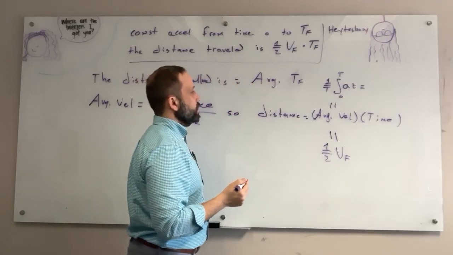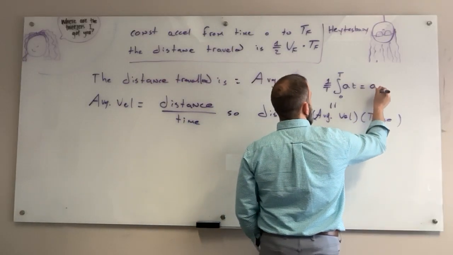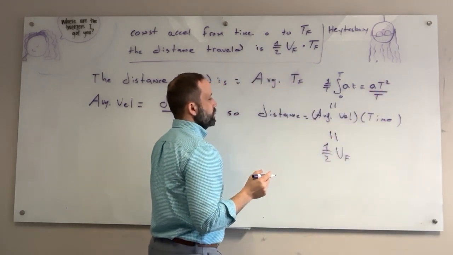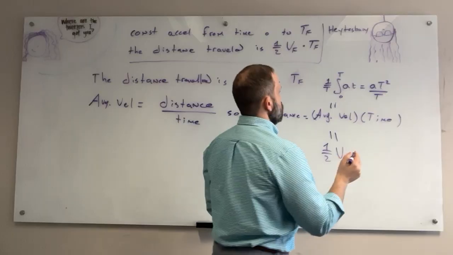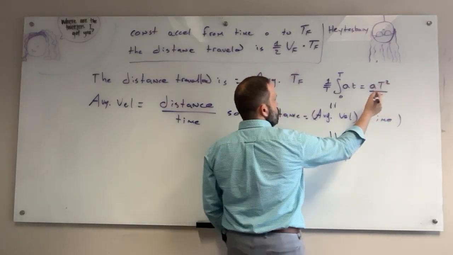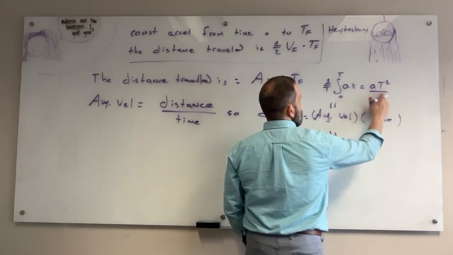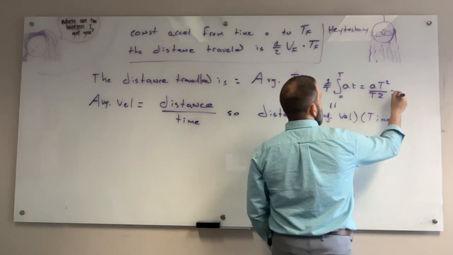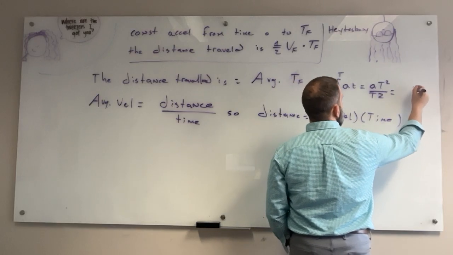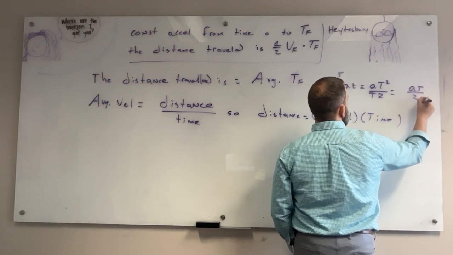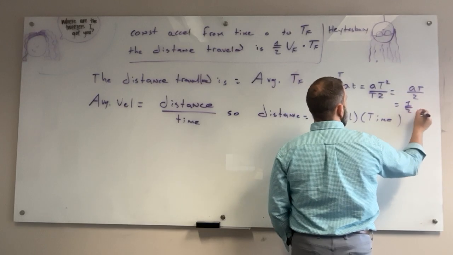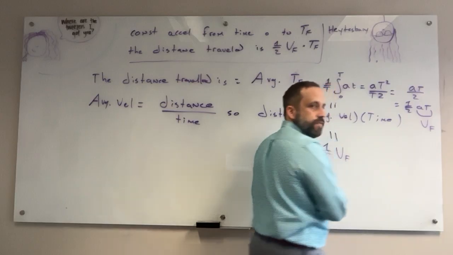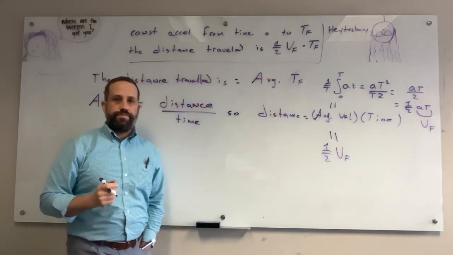And so now, what do we get here? Well, when we integrate this, we're going to get a t squared divided by 2, divided by t, and then multiplied by this t, and this is equal to a t divided by 2, which is 1/2 a times t, and that is the final velocity that we have there.